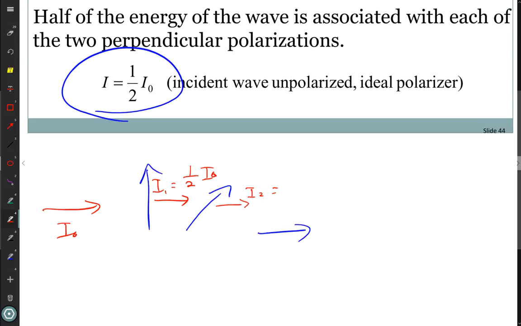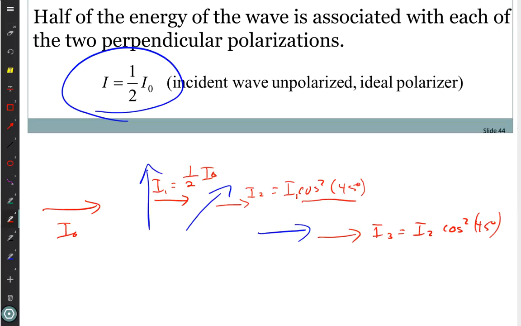It turns out it is, but I want to put it in equation form. It's going to be I1 cosine squared of that angle, which was 45 degrees. And then how much gets through the last one? I3 is equal to I2 cosine squared of 45 degrees. In this case, cosine of 45 is the square root of 1/2, so cosine squared of 45 is 1/2.